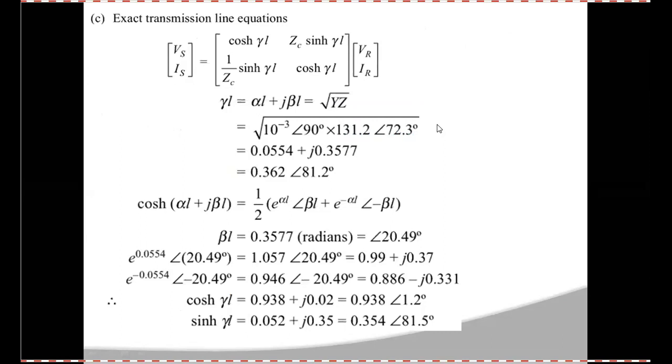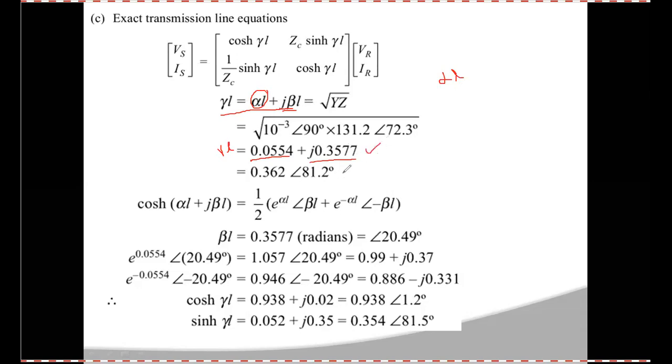When you solve this equation, you will get 0.0554 plus j0.3577. This is gamma L, in the form of alpha L plus j beta L. So alpha L is equal to 0.0554, and j beta L is equal to j0.3577, that means beta L is 0.3577.